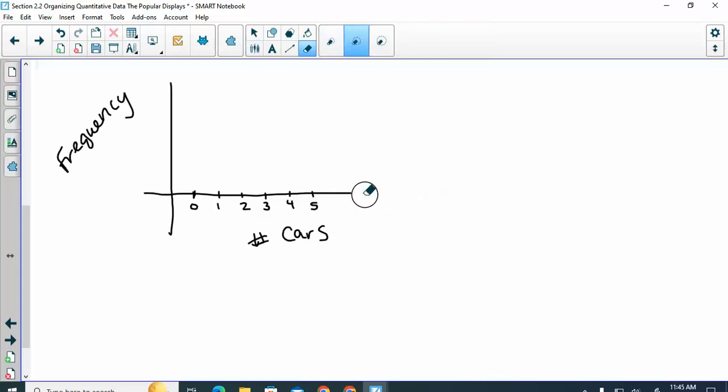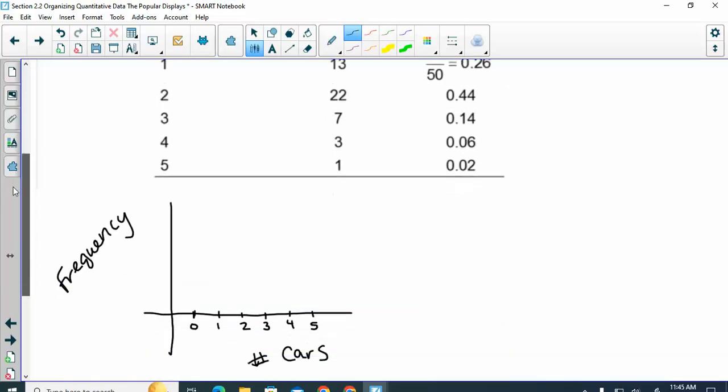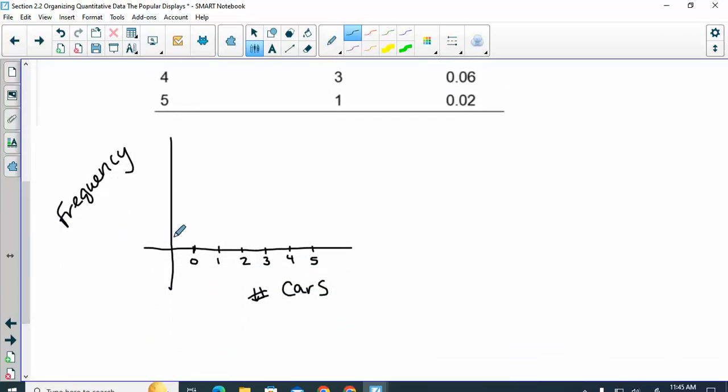And I need to go up to 5. Frequencies, we have anything from 1 to 22. I'm going to count by 2s.